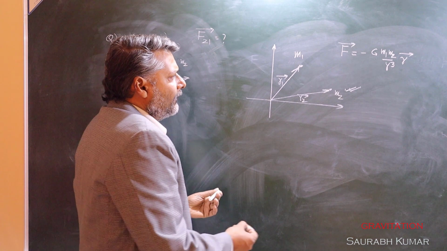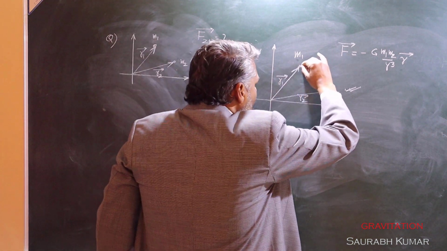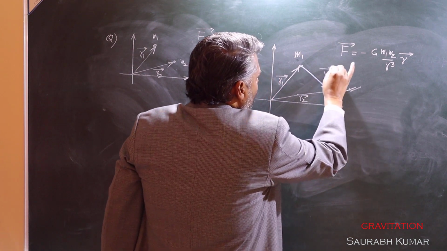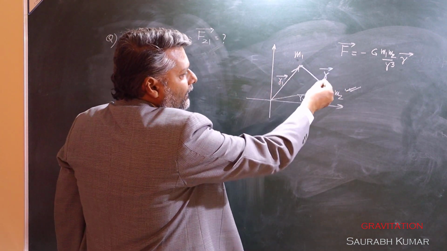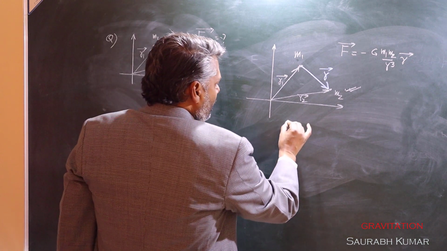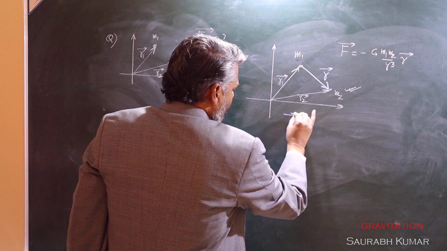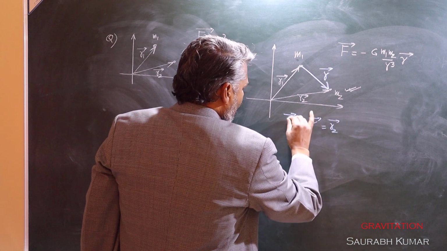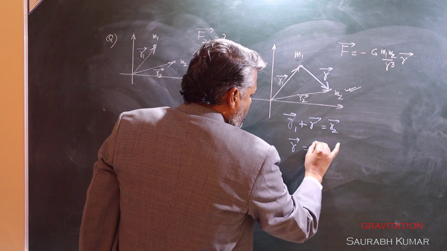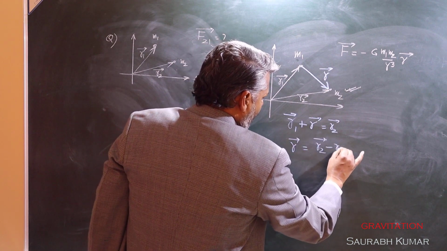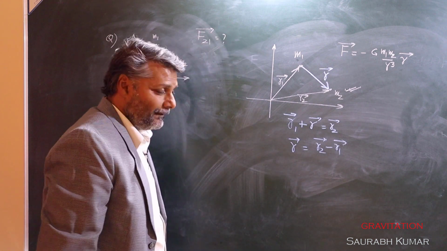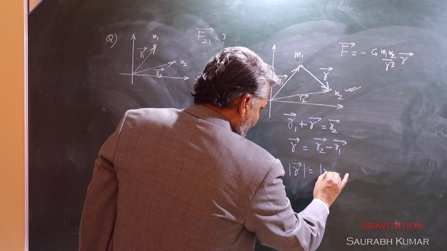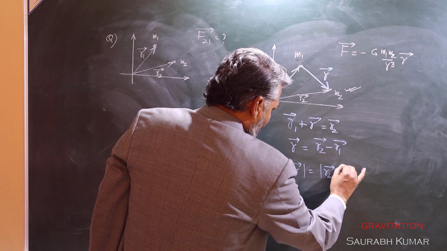Who is playing the role of environment in this diagram? M1. So let me first draw that vector R. This is vector R, or not? Using the triangle law, you can easily find that vector r. How much is vector r? R1 plus r is equal to R2, or not? So how much is vector r equal to? R2 minus R1, and then we need the magnitude in the denominator. So how much is the magnitude of this vector r? Mod of R2 minus R1.